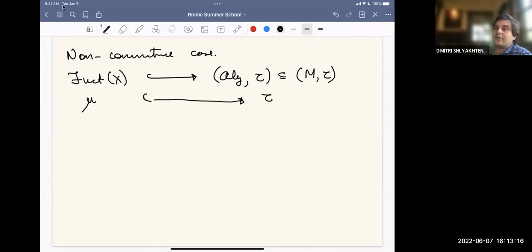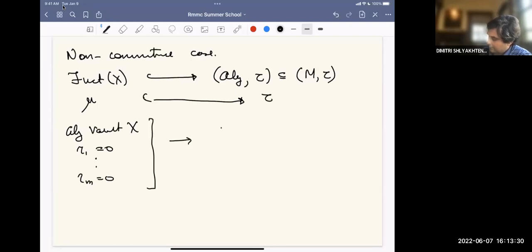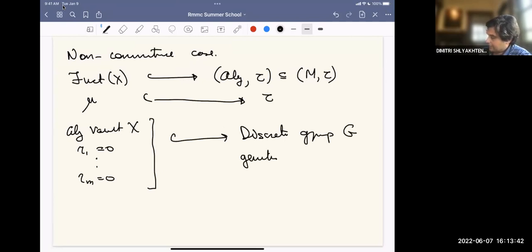Well, it turns out that one of the nicest things are discrete groups. So algebraic variety X with these relations R1 equals 0, Rm equals 0, this is replaced by a group, a discrete group G, which has generators G1 through Gn, and some relations, R1 of G1 through Gn equals the identity.